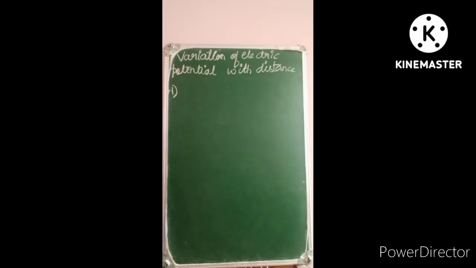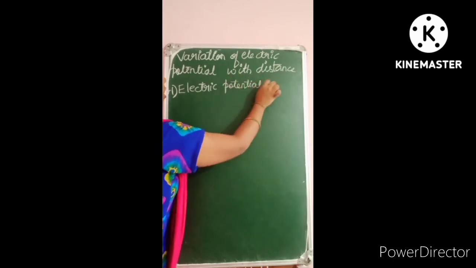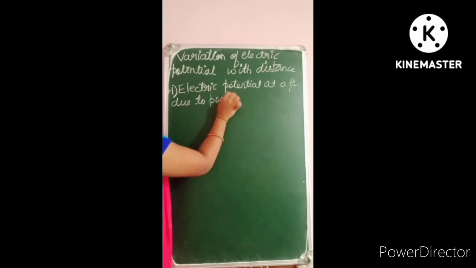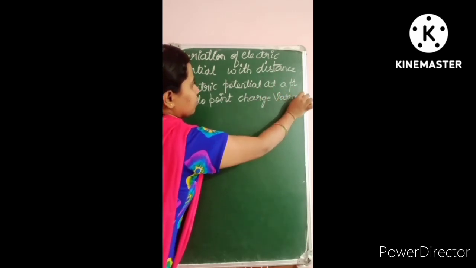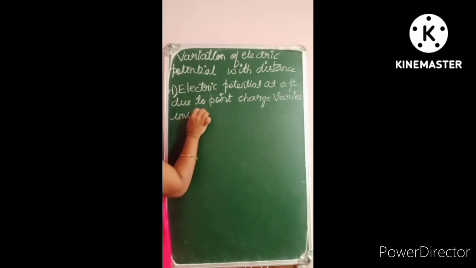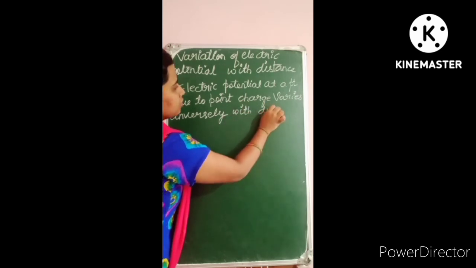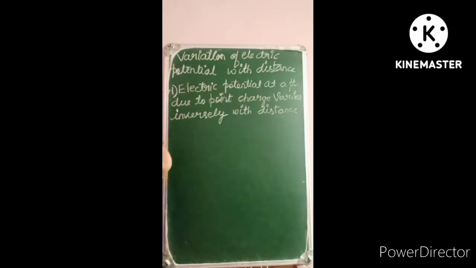So, the first point: the electric potential at a point due to a point charge varies inversely with the distance.